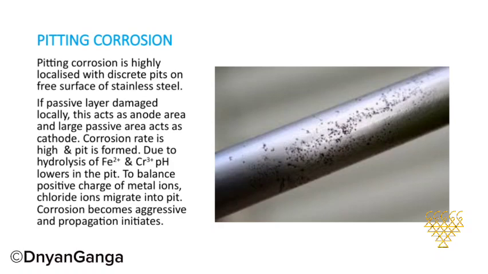This is a key concept because it highlights how pitting corrosion can be both highly localized and destructive. It reinforces the importance of understanding how damage to the passive layer and specific chemical conditions can lead to rapid material degradation. Recognizing these mechanisms helps us better prevent or mitigate such issues in stainless steel applications.